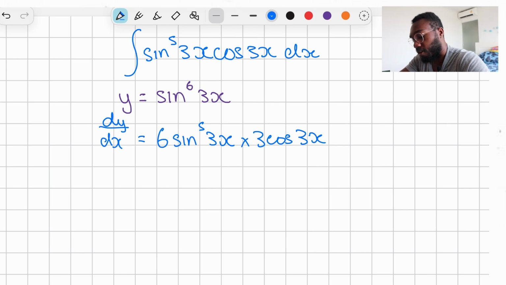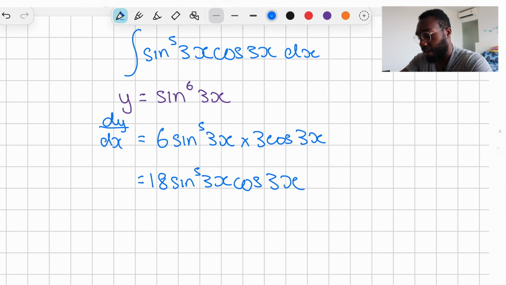So therefore, dy over dx would give us 18 sine to the 5 of 3x cosine 3x. So this is what happens when we differentiate it. If we differentiate sine to the power of 6 of 3x, we get 18 sine to the power of 5 of 3x cosine 3x. Now, in our original question we didn't have an 18, but in our answer now we have an 18.